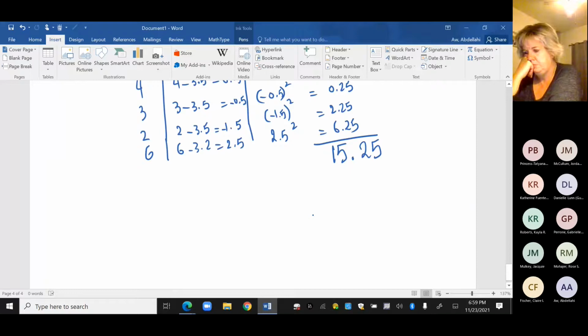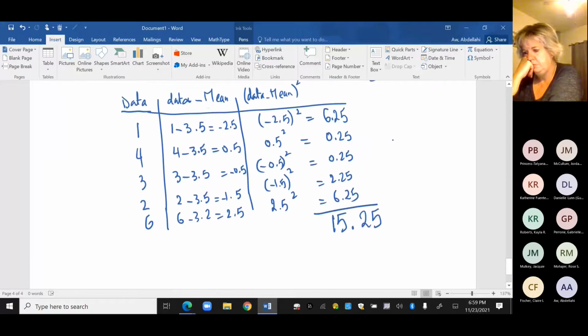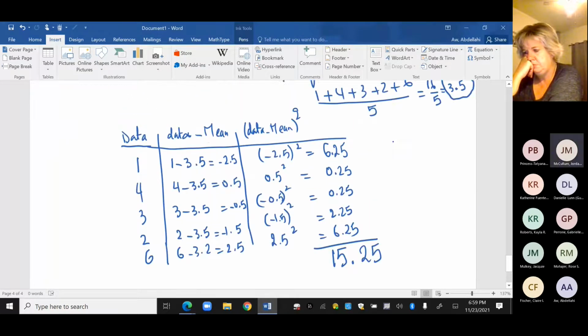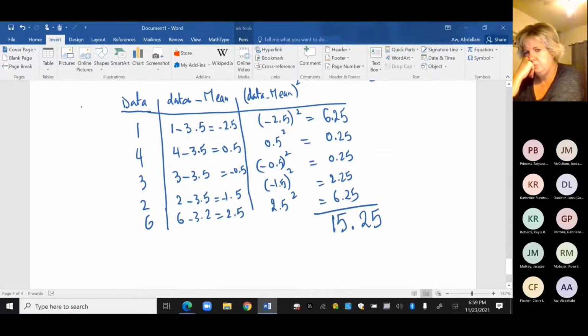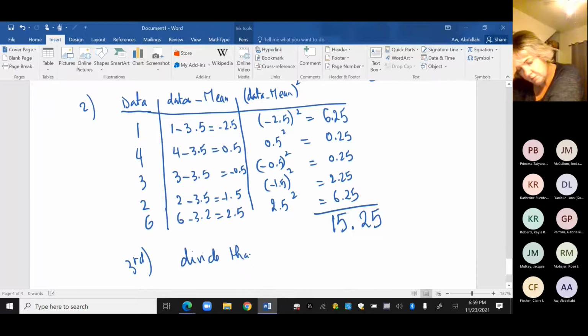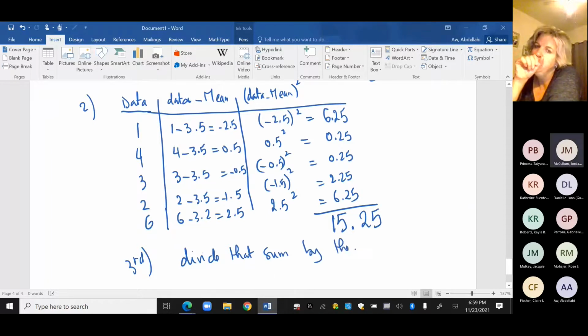So 5 is the size of the population. The first step, find the mean. The second step, do my table. The third step, divide that sum by the size of the population.